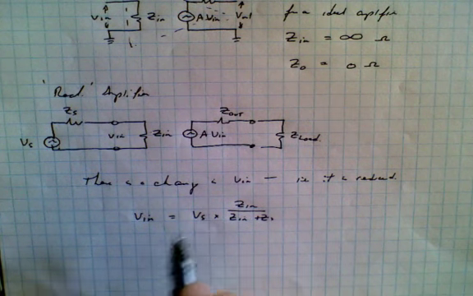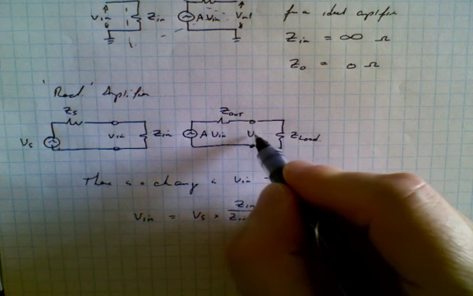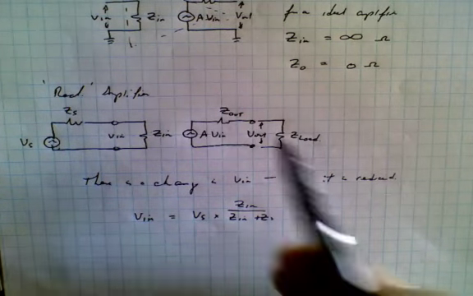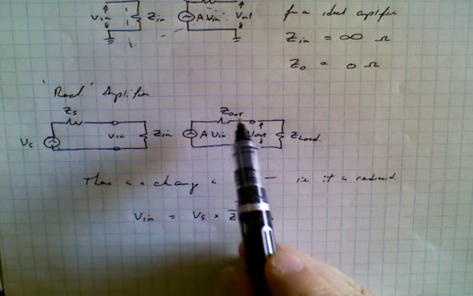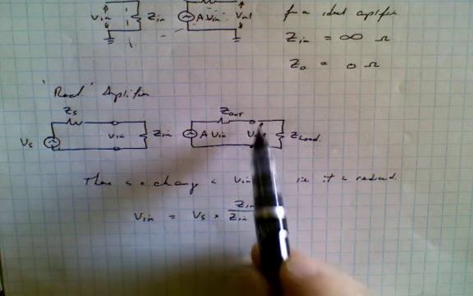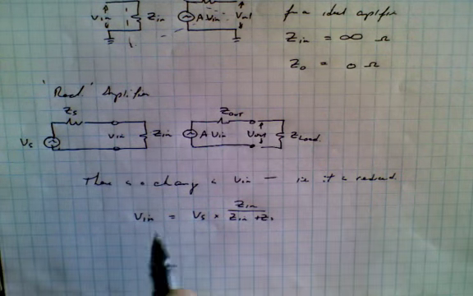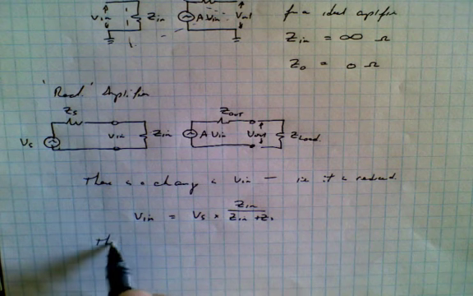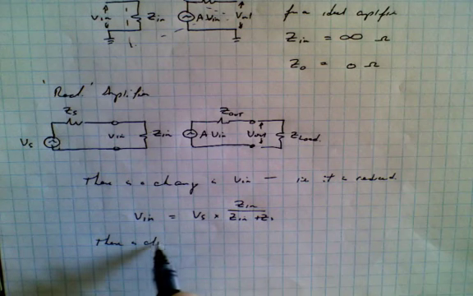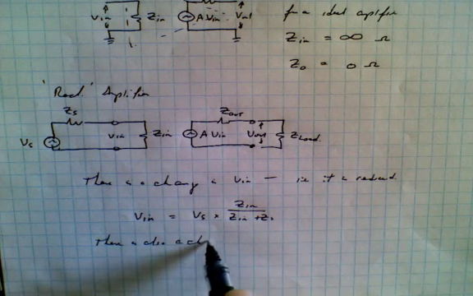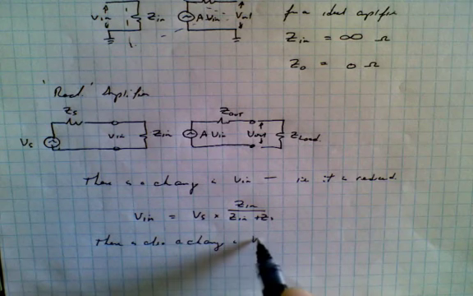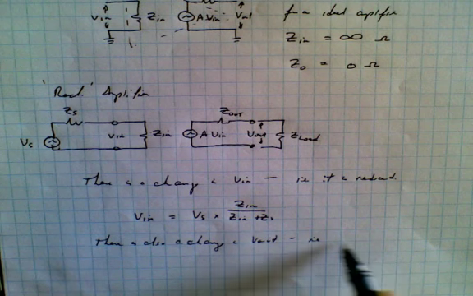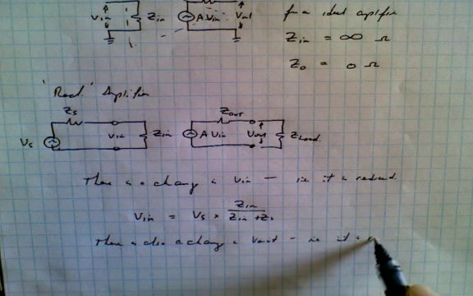And notice what happens in the output as well. We'll call this the Vout. Because there's an impedance in here, we're going to lose something in the output because of this voltage divider action. So notice this. There is also a change in Vout, i.e. it is reduced.